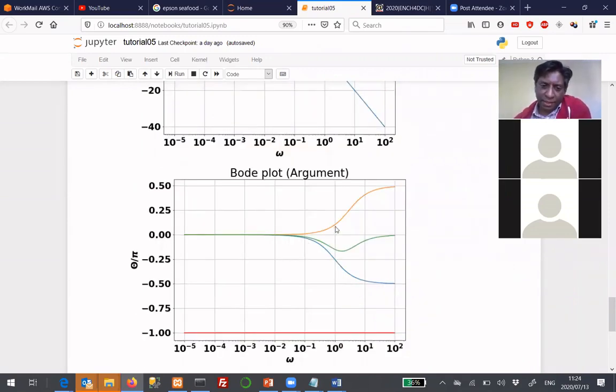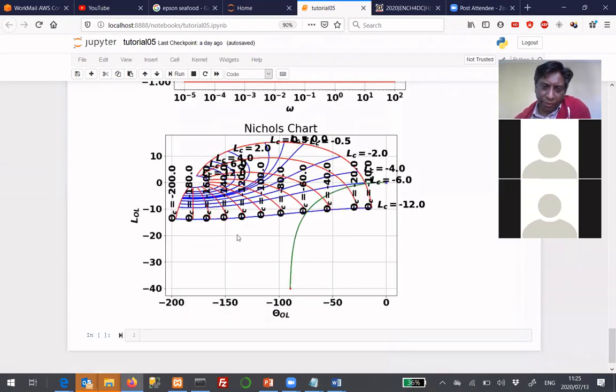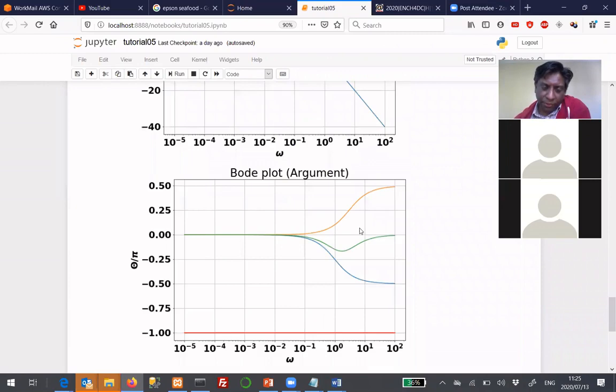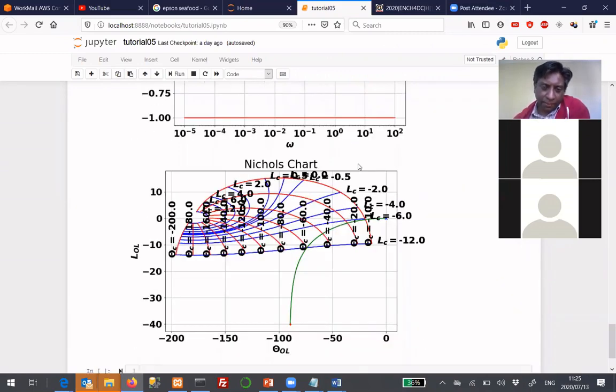Now there is yet another way of visualizing the transfer function, which is the Nichols chart. And at the moment, it's a little bit difficult to justify the Nichols chart, and that's because this chart is very useful quite a bit later on.